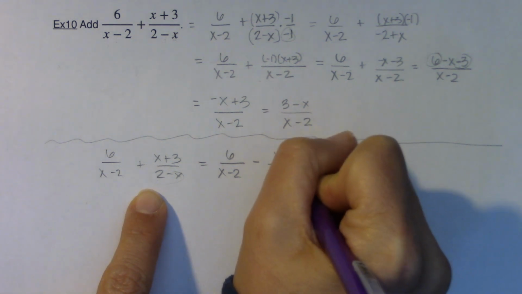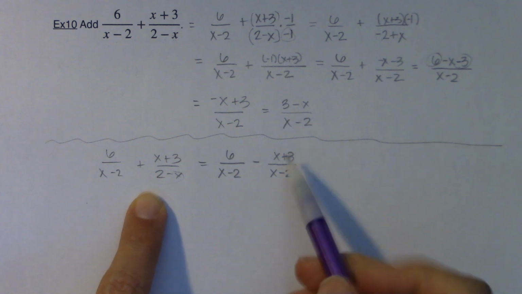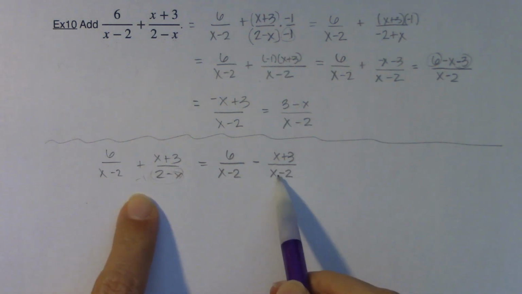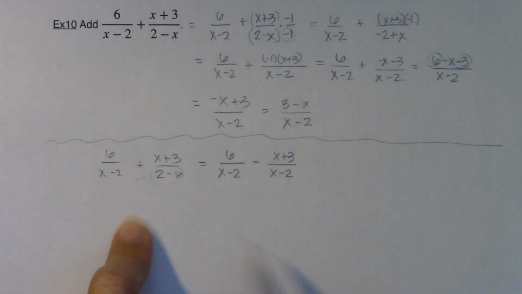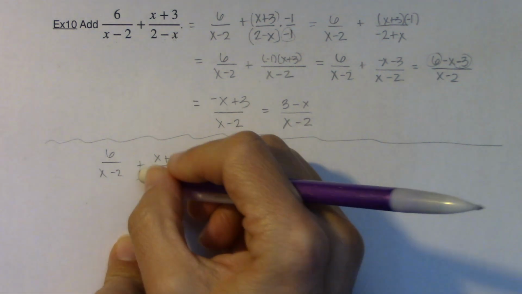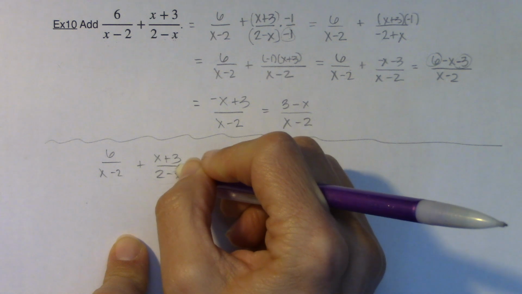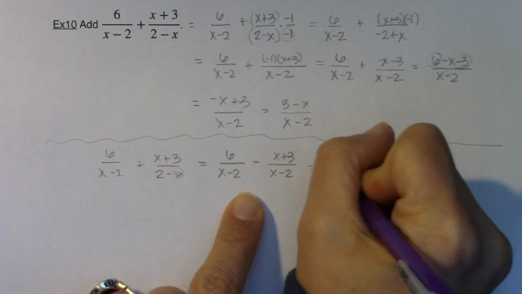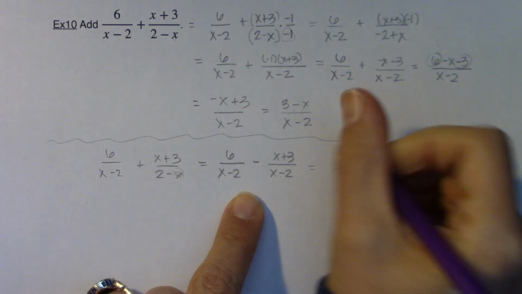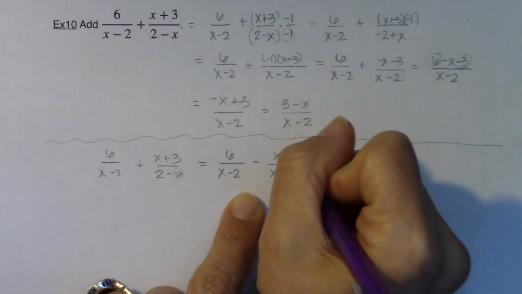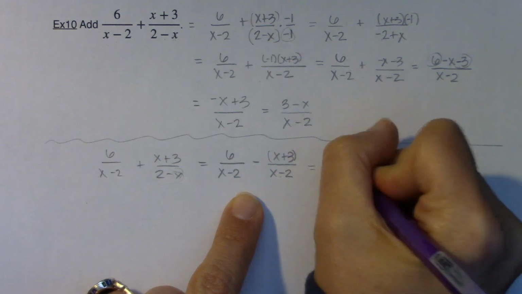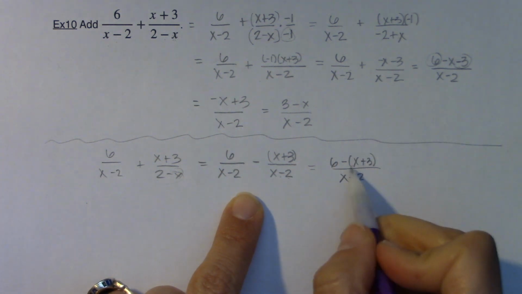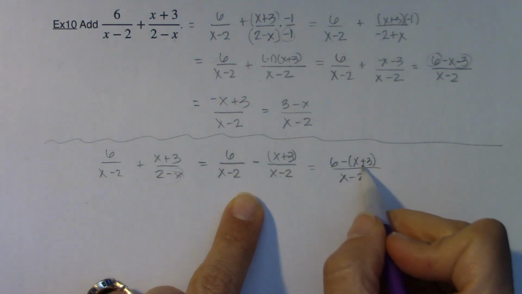So I am essentially not changing that problem because I factored out a negative 1 from here to make this x minus 2, and I just changed that operation from addition to subtraction. Okay, and then because I have common denominators, I can keep my denominator, but I have to remember to distribute this negative to this protected binomial, 6 minus the entirety of x plus 3.